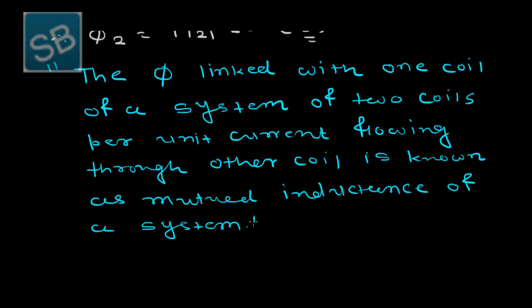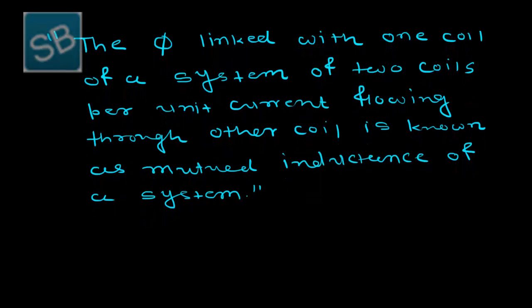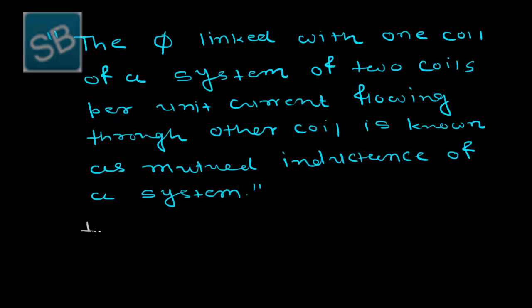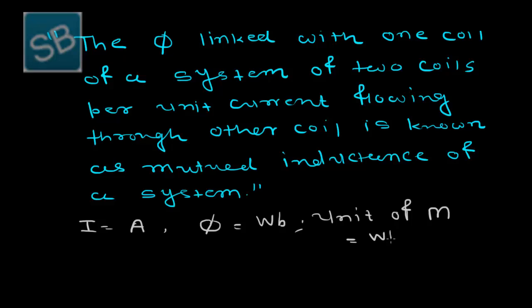Now, suppose I am assuming that the current is in ampere and the flux is in Weber, then the unit of mutual inductance is given by Weber upon ampere, and this you can also consider as Henry or capital H. See here again, whenever I am writing the unit in the form of the name of a scientist, then I am writing all the letters in small manner.